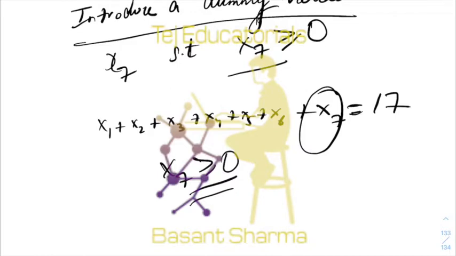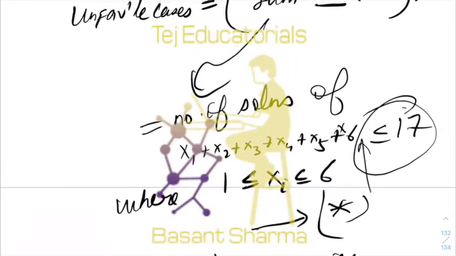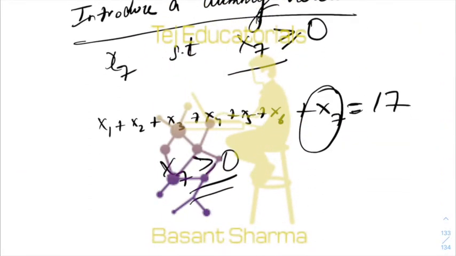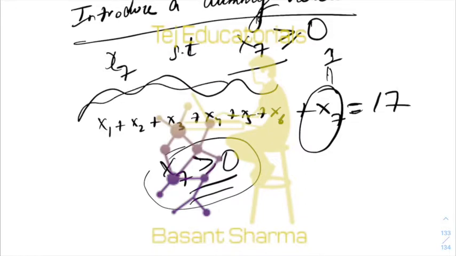Let's see why it makes sense. Suppose the summation of x1 to x6 was exactly 17, then x7 will be 0. Another solution could be when x7 is 1, so the sum x1 to x6 will be 16. If x7 is 2, this will be 15. If this is 3, this will be 14, and so on.